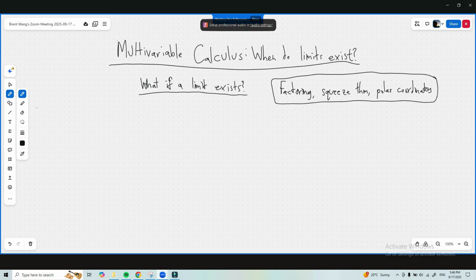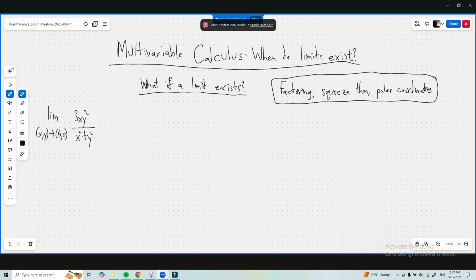The second way is the squeeze theorem, and I have some examples for this. The limit as (x, y) goes to (0, 0) of 3xy squared over (x squared plus y squared).